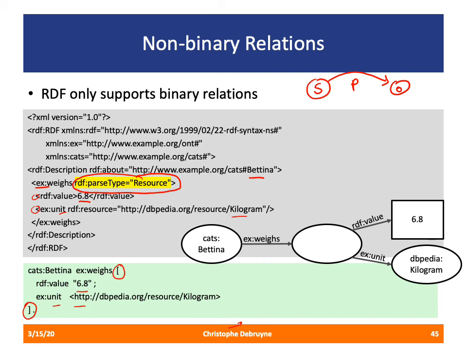Now, you might be wondering, where does RDF value come from? Well, RDF value is provided by the RDF recommendation. It doesn't really have any semantics or a meaningful connotation, but it is encouraged to use RDF value to denote structured representations of value, because it provides you a common property to achieve that.